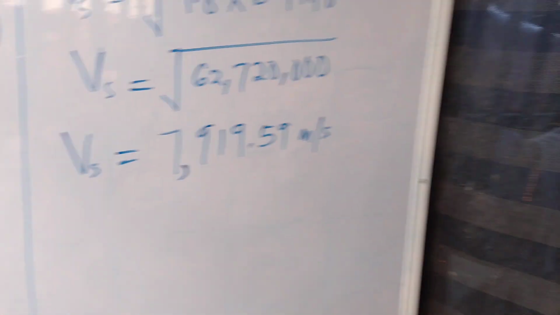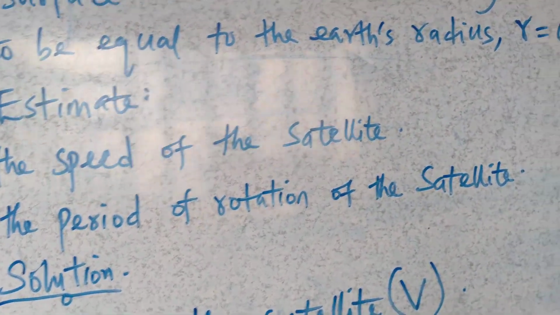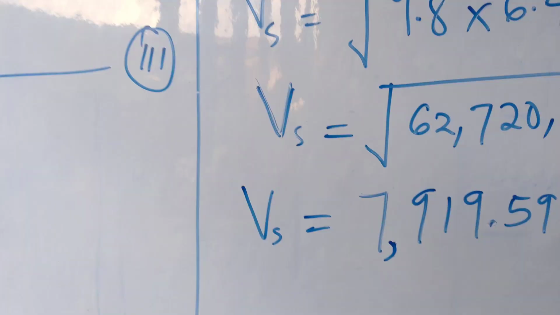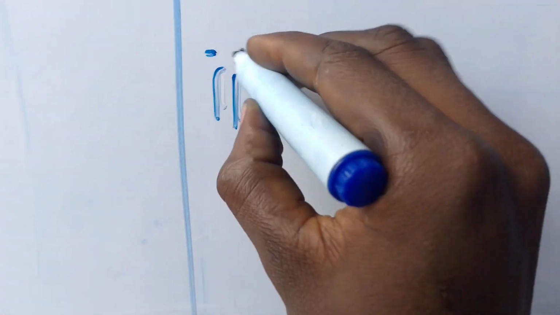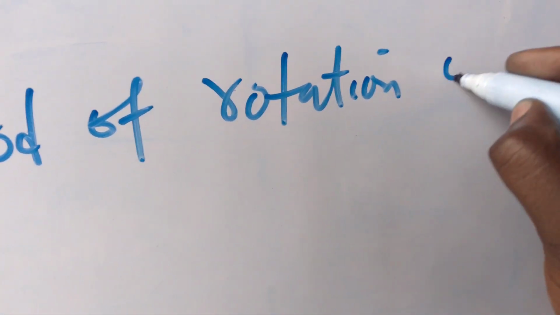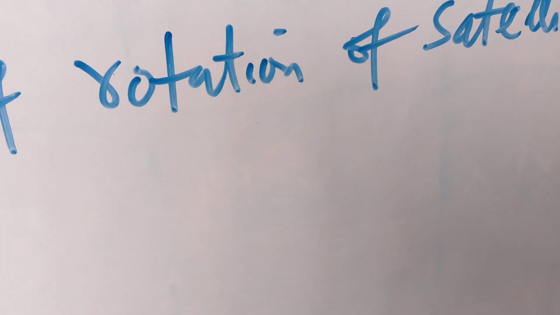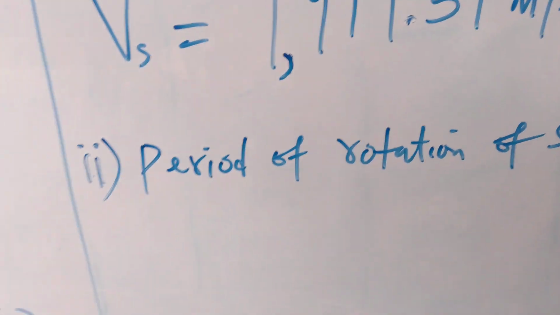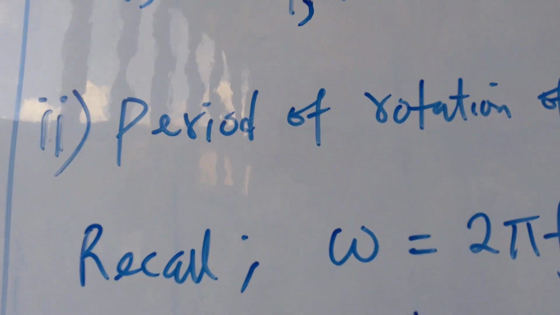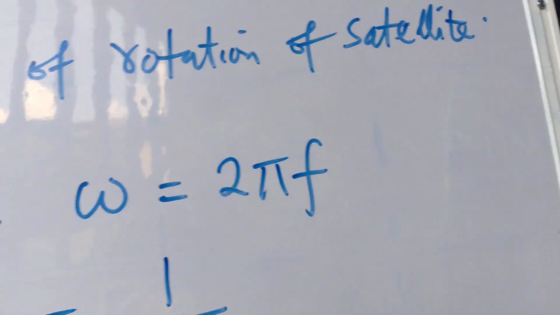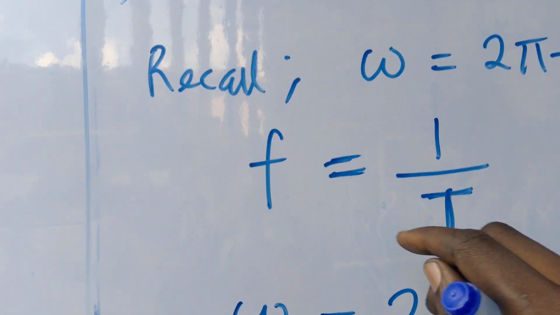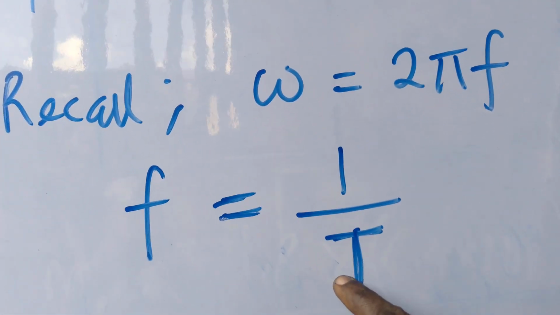Okay, now the next thing that we are told to find is the period of rotation of the satellite. From our knowledge of simple harmonic motion, the angular velocity omega is 2 pi f, and the frequency is 1 over T, isn't it?